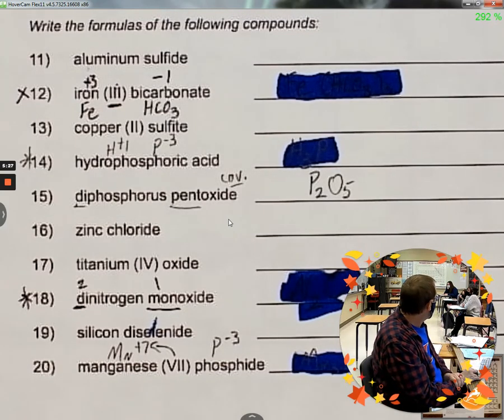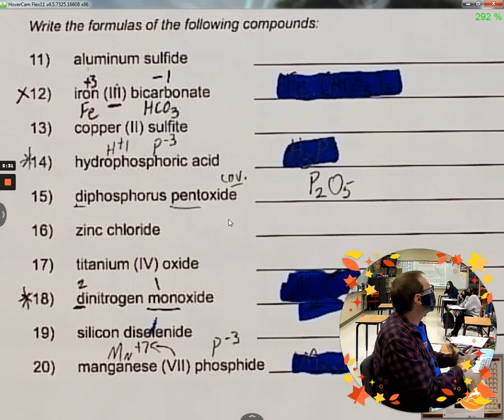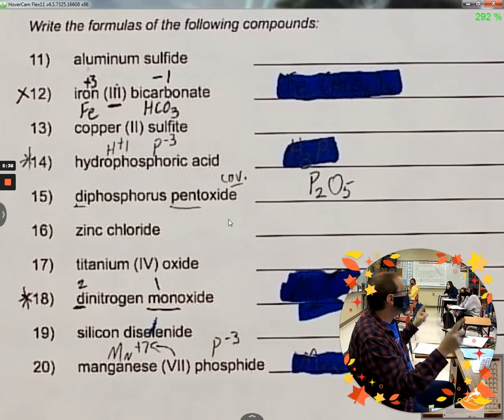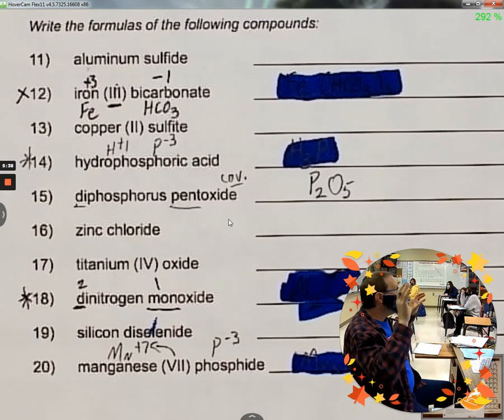And that's that. Are there any questions with either of those? Why don't you have to do the crossover? Okay, because the only time you have to do the crossover trick is when you're trying to balance positive and negative charges. Since they're not stealing electrons, they're not positive or negative. They're sharing.